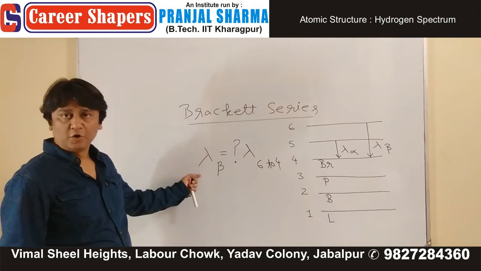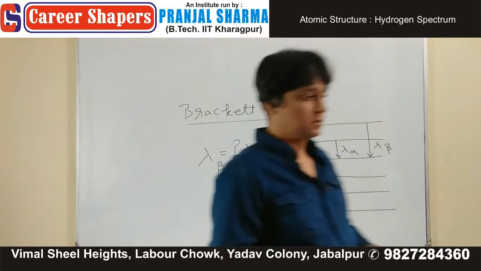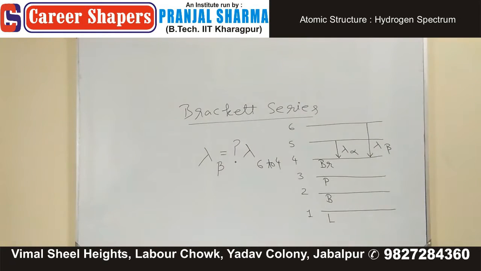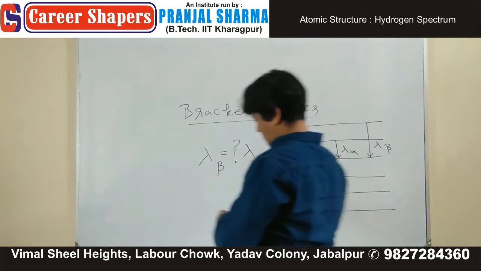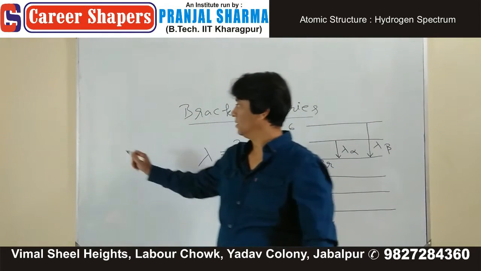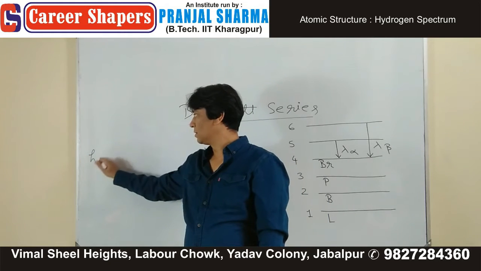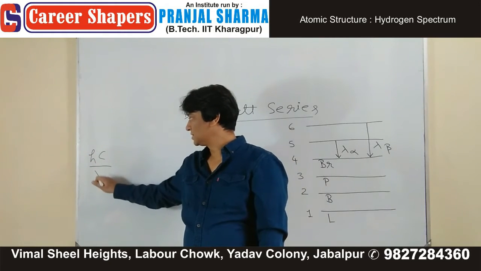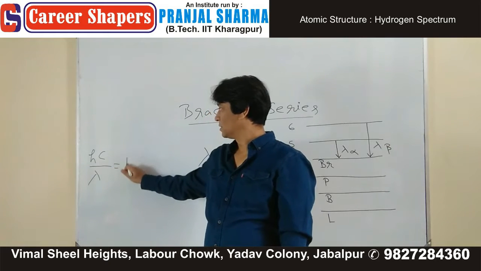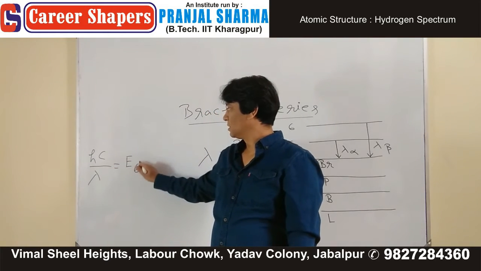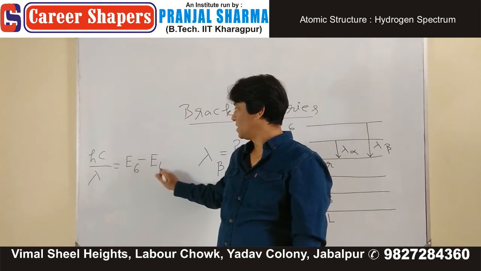Now find out the value of lambda beta. hc upon lambda equals E6 minus E4.